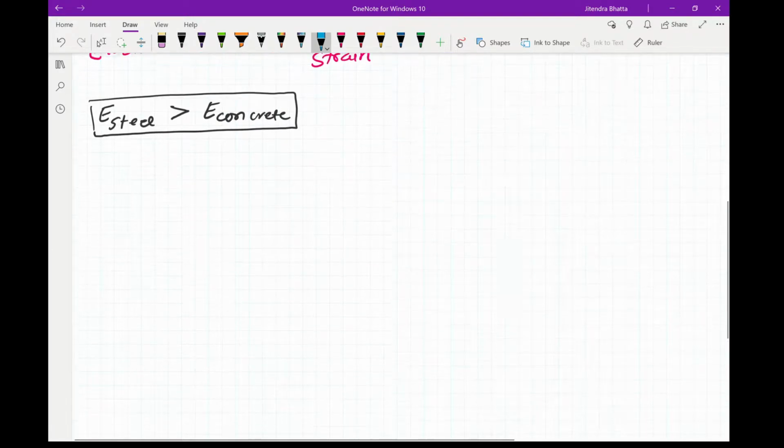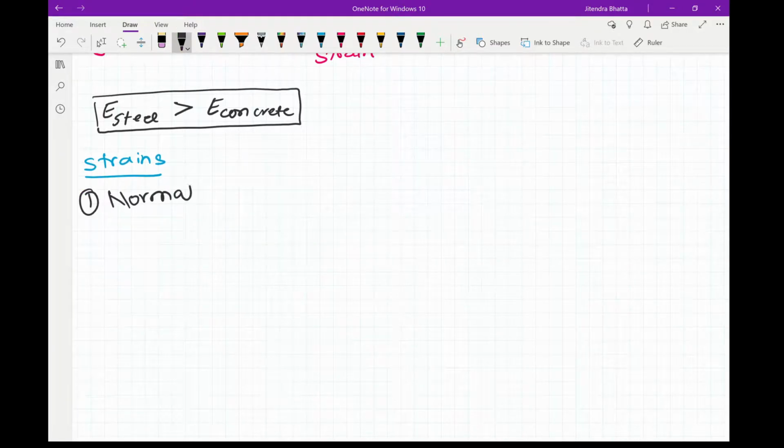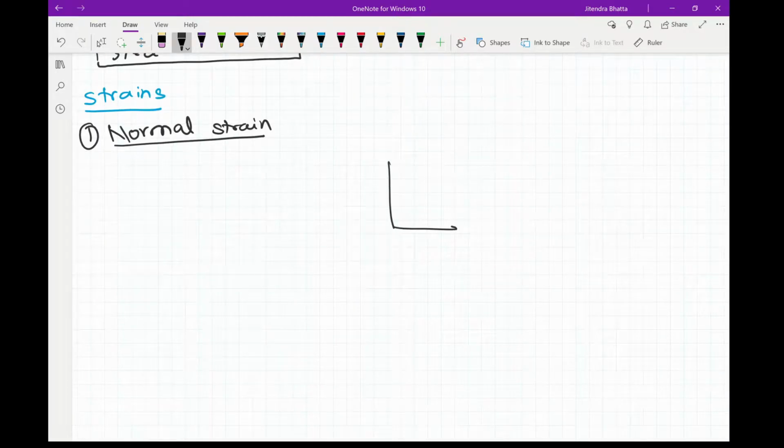Let's move into different types of strains. The first type of strain is the normal strain. Let's say this is our x-axis, y-axis and z-axis, and we have an element here which is 3D in nature, like this, and we have applied forces in all three directions.